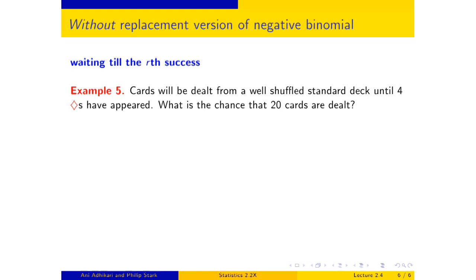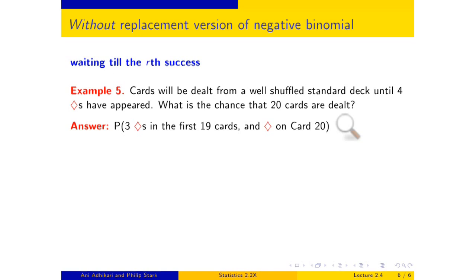What has to happen on that 20th card? It better be a diamond. Any old diamond? No, your 4th diamond. Therefore, what has to happen in the first 19 cards? Yes, you better get 3 diamonds in the 19 cards. And so the chance that you're trying to find is the chance of 3 diamonds in the first 19 cards and then a diamond on the next card.